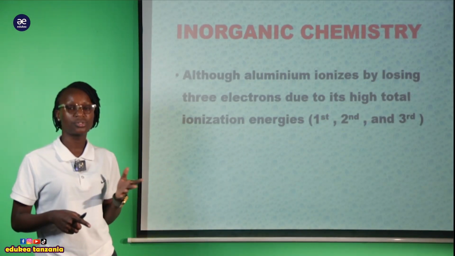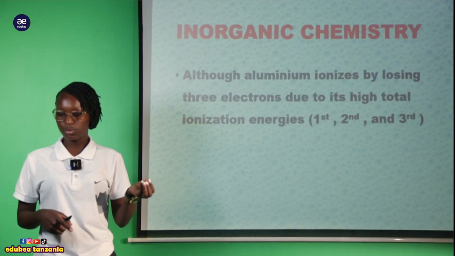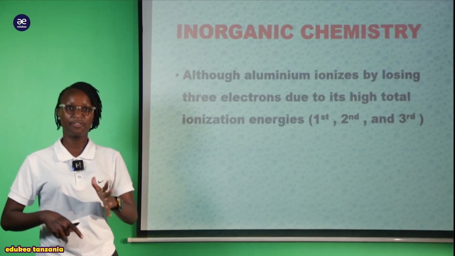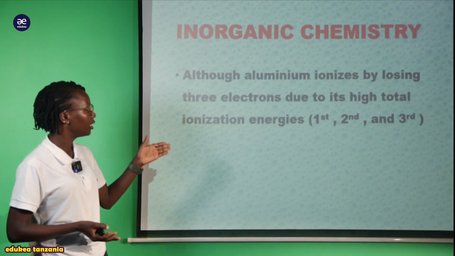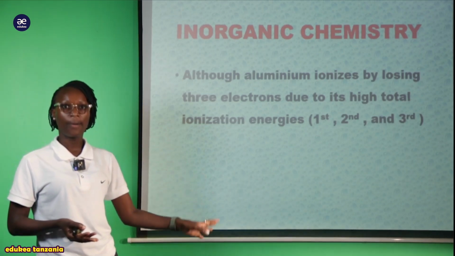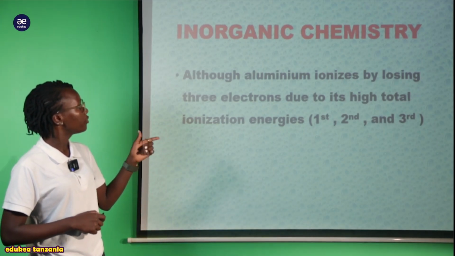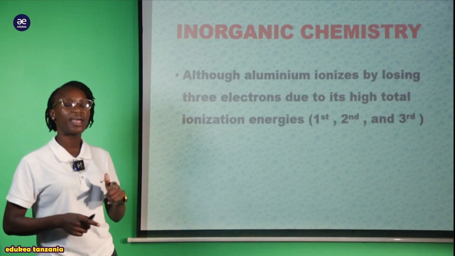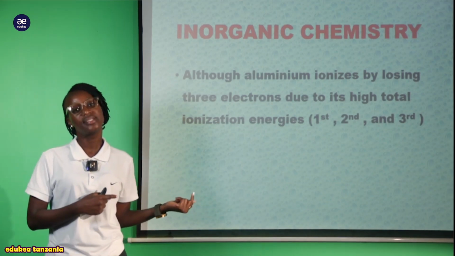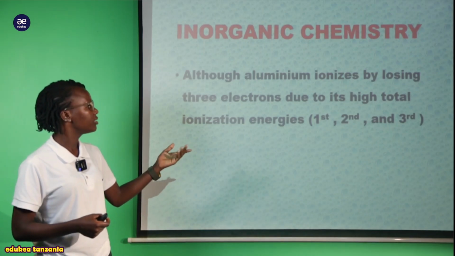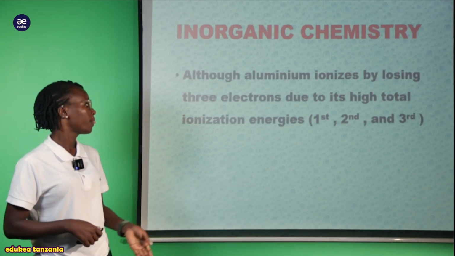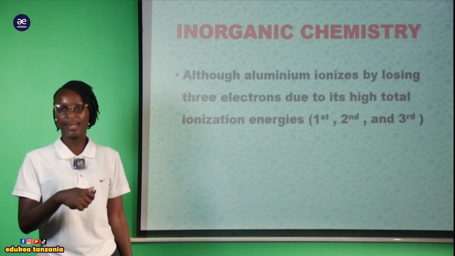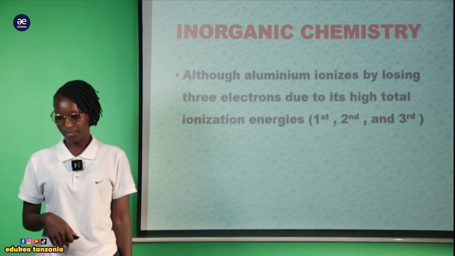Hizi ni concept ambazo tushalizisoma huko wakati tunaanza kabisa kufanya discussion ya zile physical properties of the different elements. Ionization energy ilikuwa among the properties. So anasema kwamba although aluminium ionizes by losing the 3 electrons, inafanya ile ionization kwa kulose hizi 3 electrons. Why? Because of its higher total ionization energies ambayo ni first, second and third ionization energy.